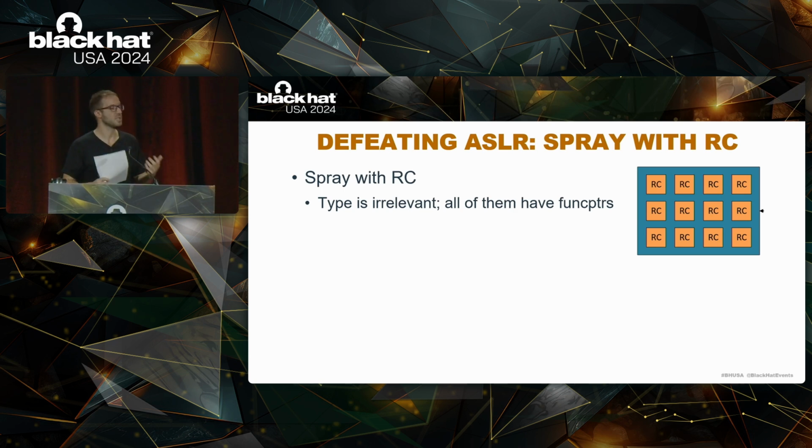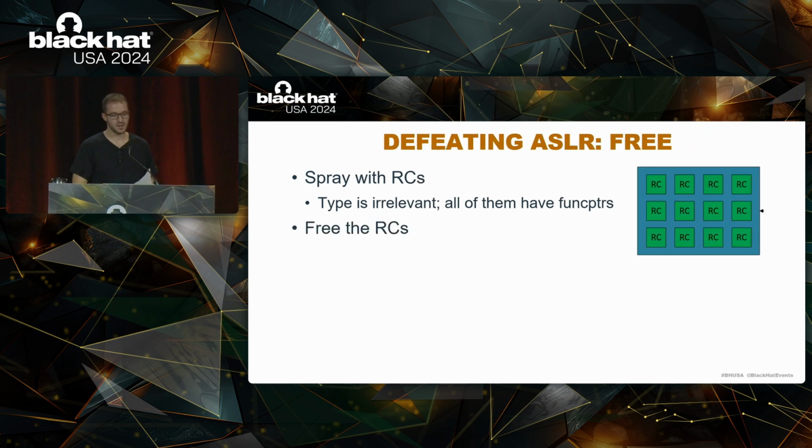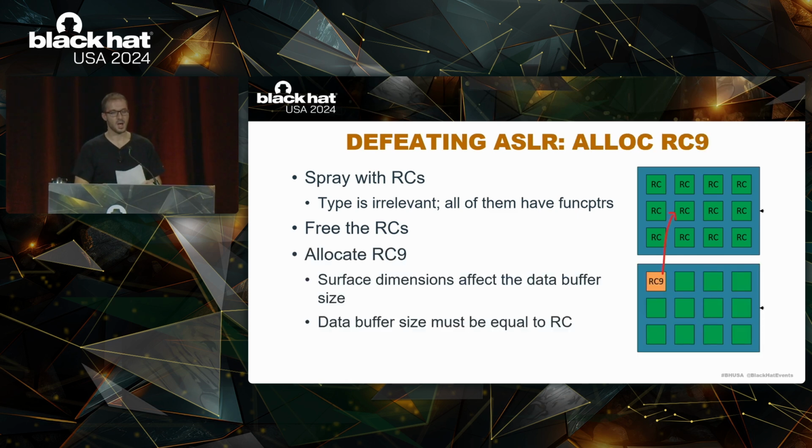The first step, I sprayed some resource containers. The type is irrelevant here because I'm mainly focused on leaking back function pointers in order to calculate the base address of VMX. Then the next step, I will free all of these resource containers, and then I will allocate a resource container of type 9.